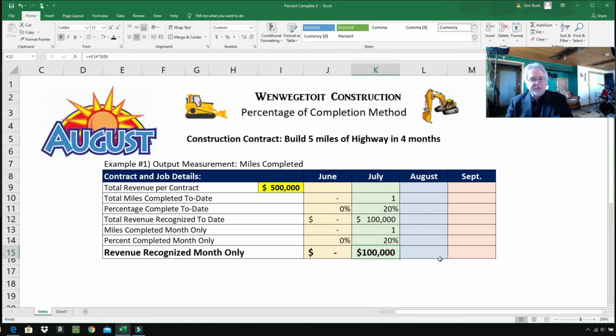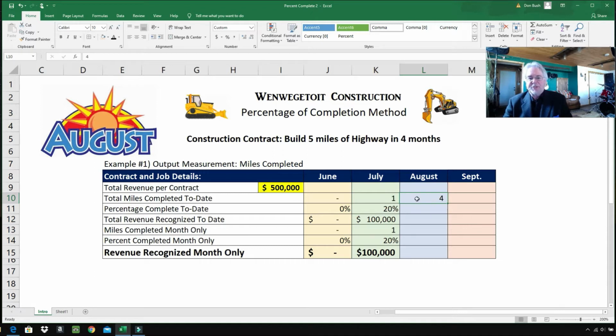Moving on to the month of August. At the end of August, we talk to the engineer and we say, well, how many miles were done during August? And the engineer says, well, we built a grand total to date of 4 miles. And that includes July too.